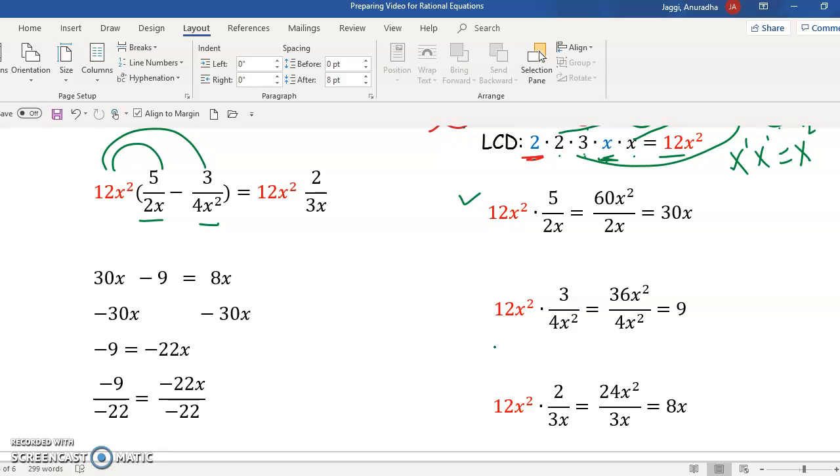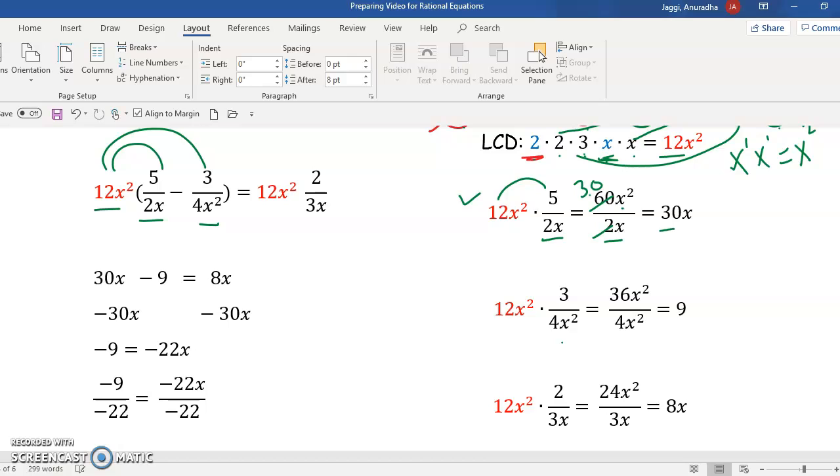Also the same, when you multiply 12x square with 5 by 2x, that is also simplified. So multiply the numerator with the numerator. 12 times 5 is a 60, and there is an x square. Put in the numerator. What is the denominator? 2x. You put the denominator there. So 60 divided by 2 goes into 60 30 times.